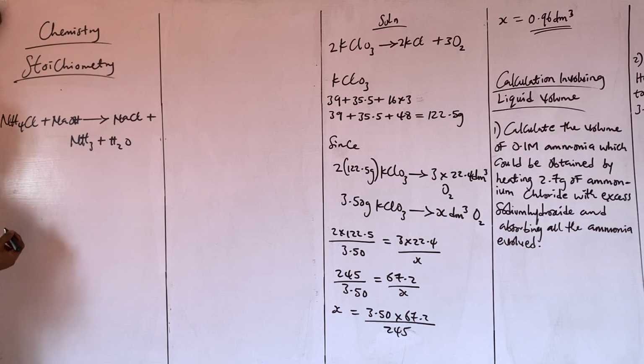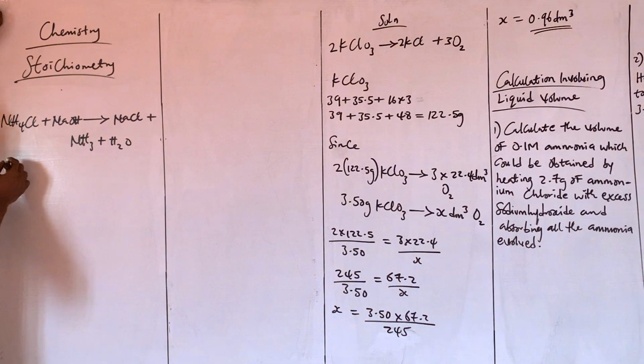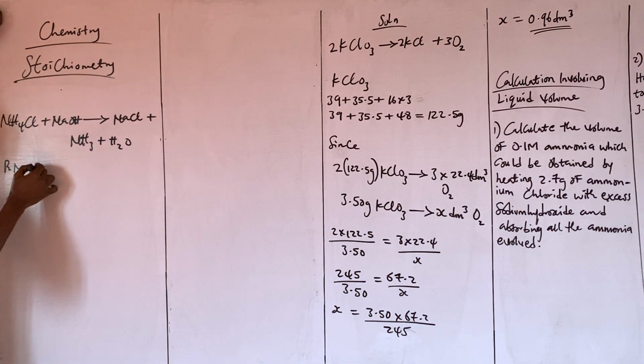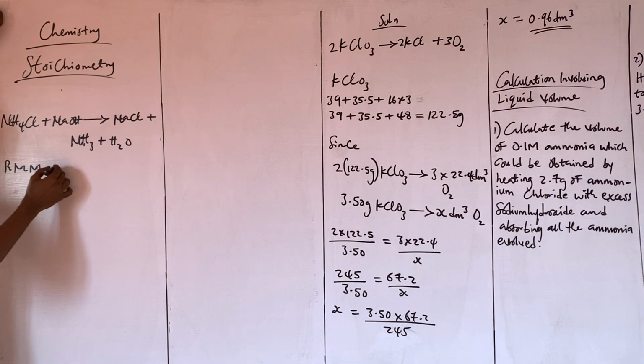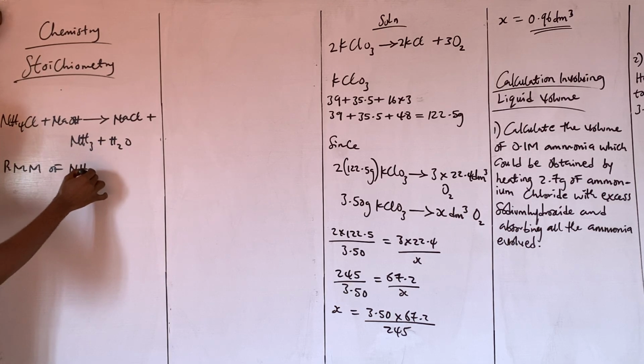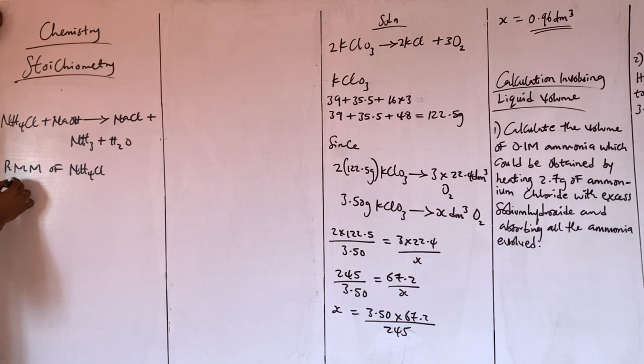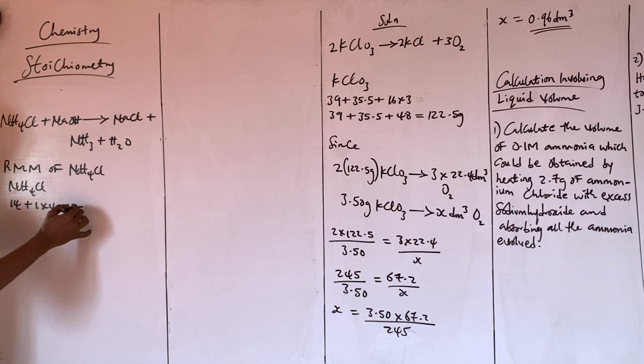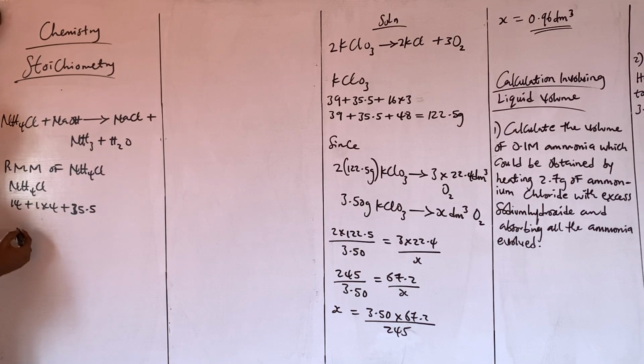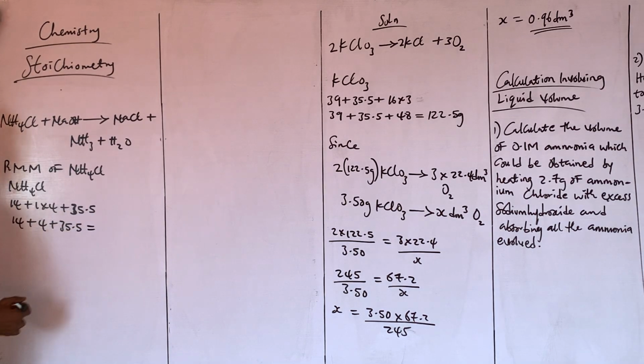Now, we need to find the relative molecular mass, RMM, of ammonium chloride. So, ammonium chloride is 14 plus 1 times 4 plus 35.5. So 14 plus 4 plus 35.5. 14 plus 4 is 18 already.